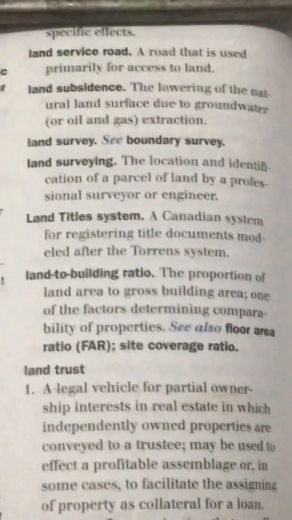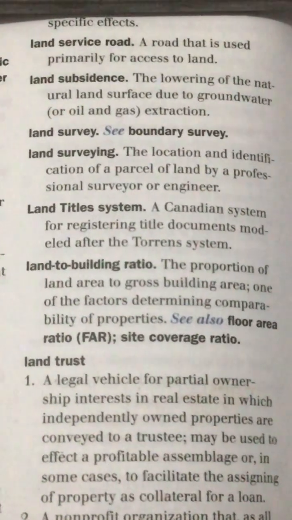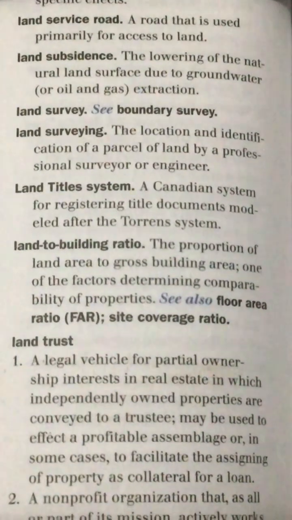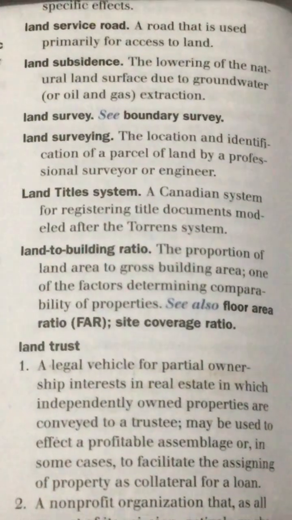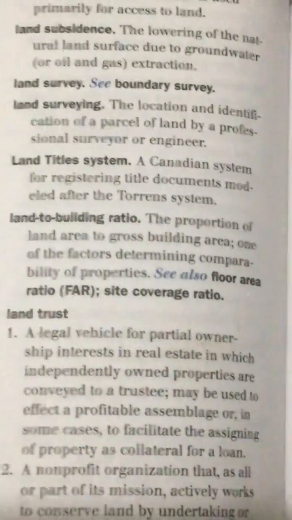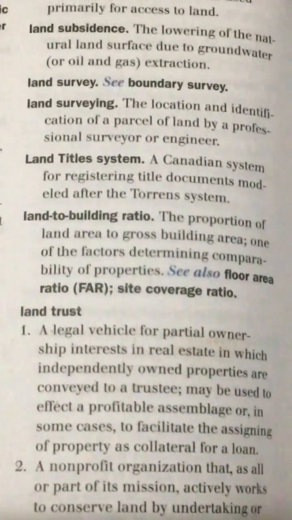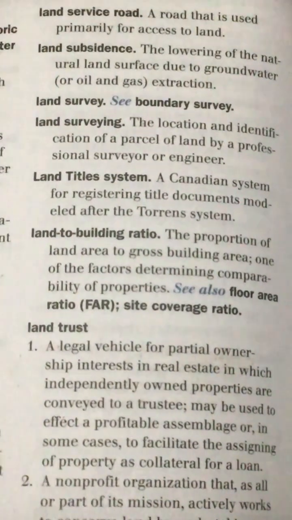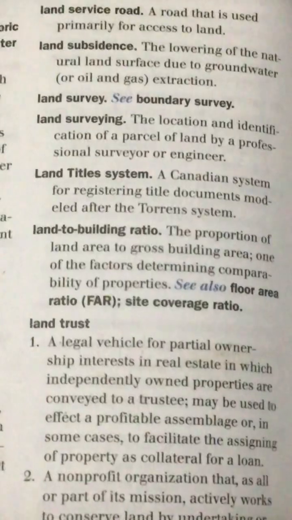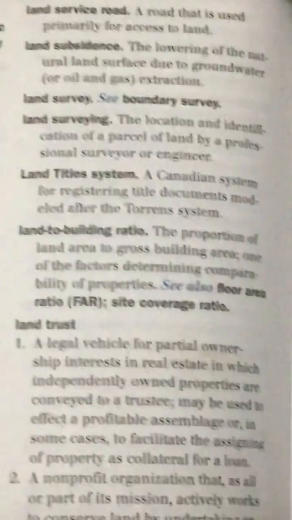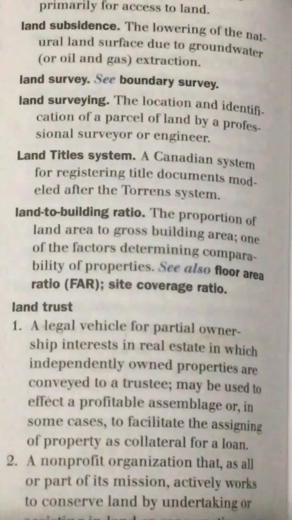Land to building ratio. The proportion of land area to gross building area, one of the factors determining comparability of properties. See also floor area ratio, the acronym is FAR, F-A-R, and see also site coverage ratio.